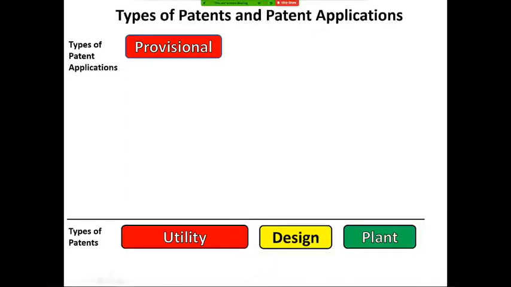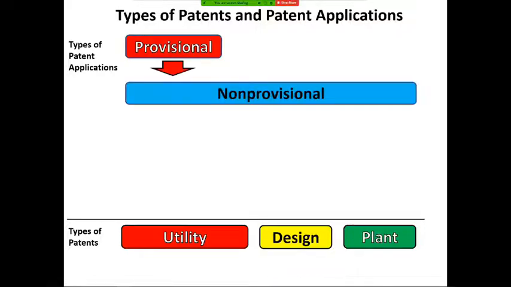It allows you to do some things as you get together stuff and formalize what you're doing and explore markets and investors so that you can eventually apply for the non-provisional application. And this must be done within 12 months of the provisional. The provisional isn't examined, it just goes away after 12 months unless you follow up with this non-provisional application.